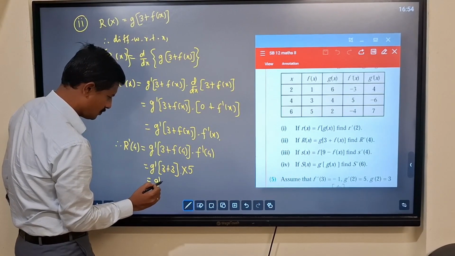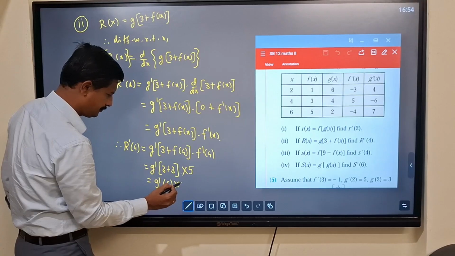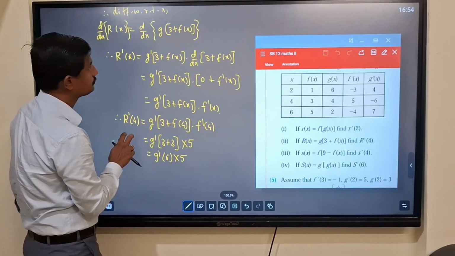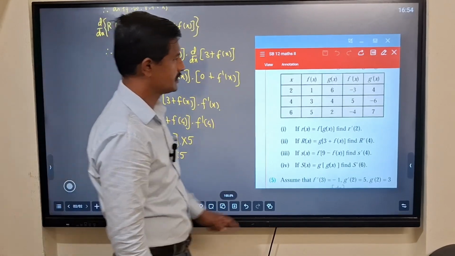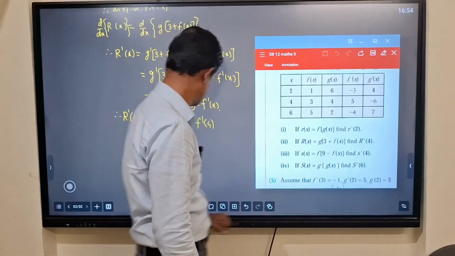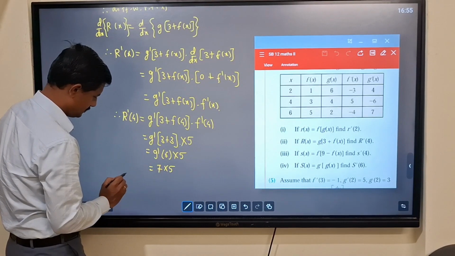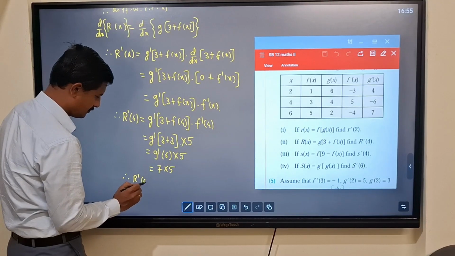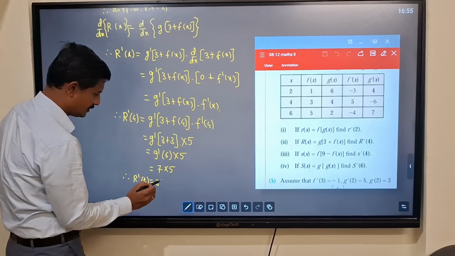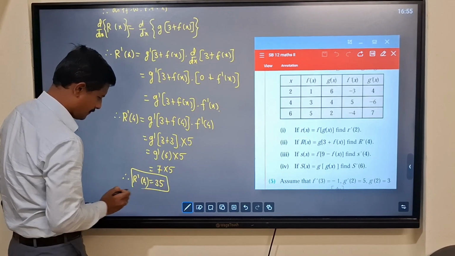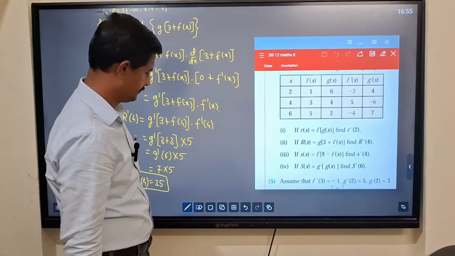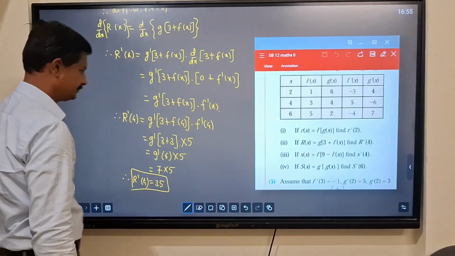This becomes g prime of 6 into 5. Since g prime of 6 is 7, this becomes 7 into 5. Therefore, r prime of 4 is 35.